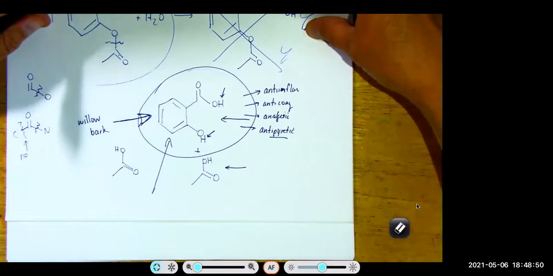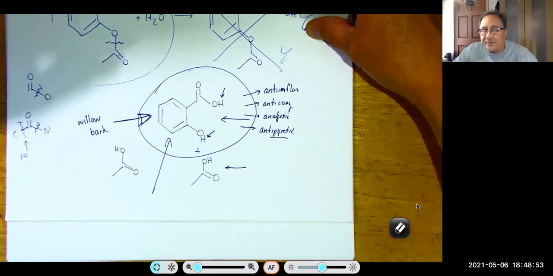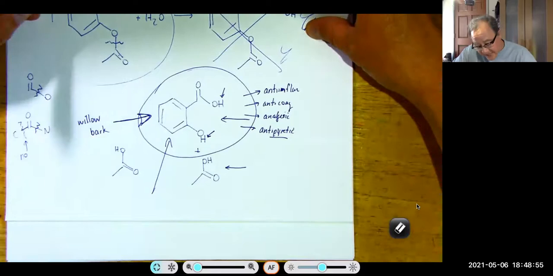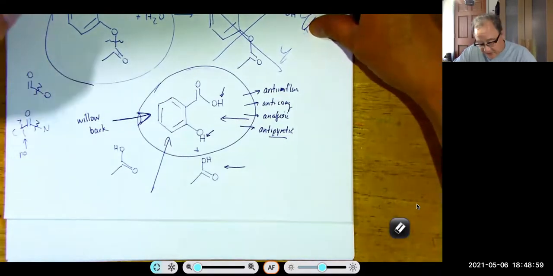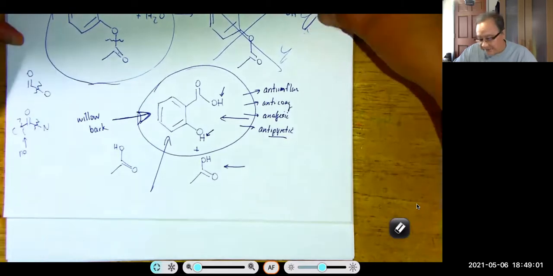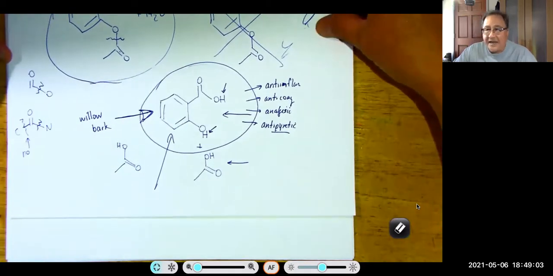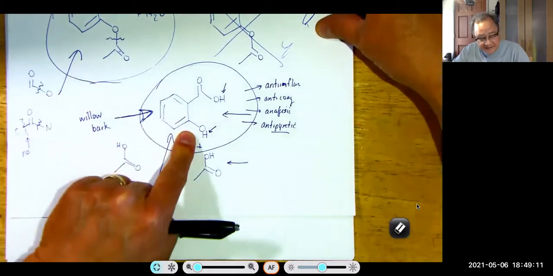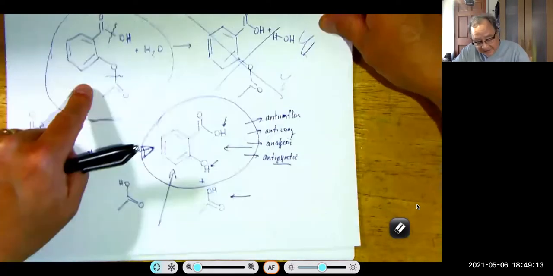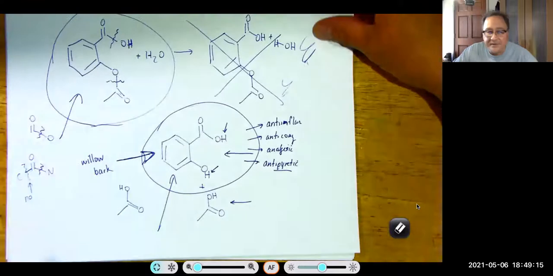So that's why aspirin is better. And aspirin is not a natural product. It's made from a natural product, but it's not natural. It's synthesized, it's man-made. The reason they came up with this is because it looks like that, but it doesn't cause as many stomach problems.